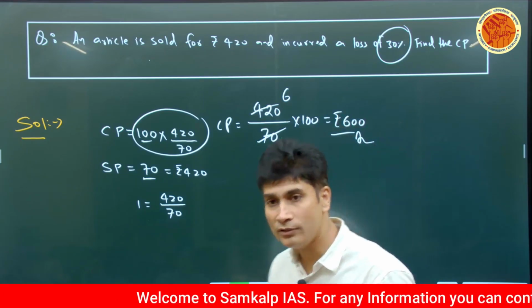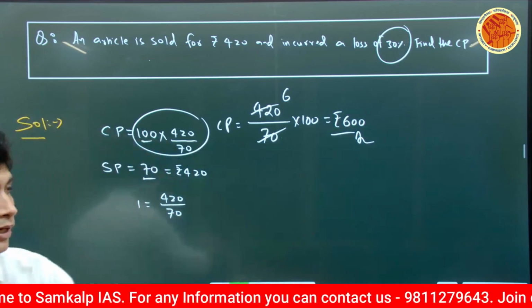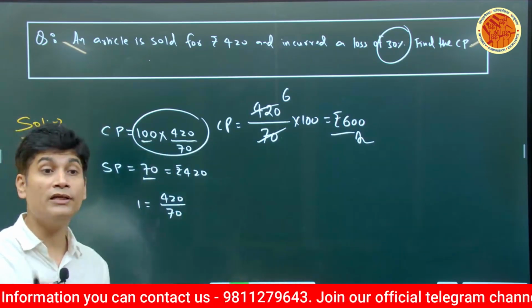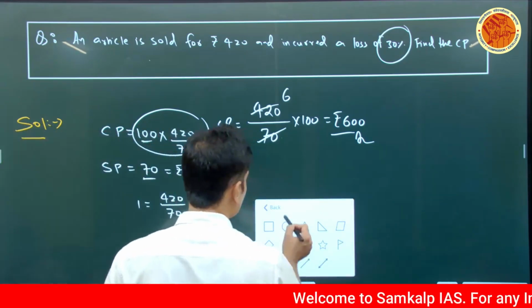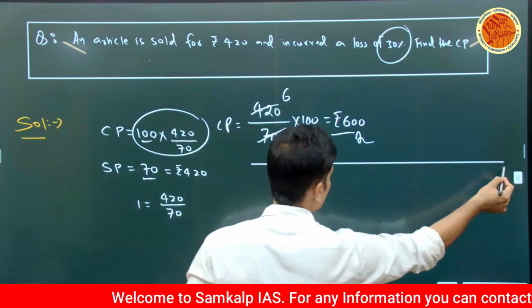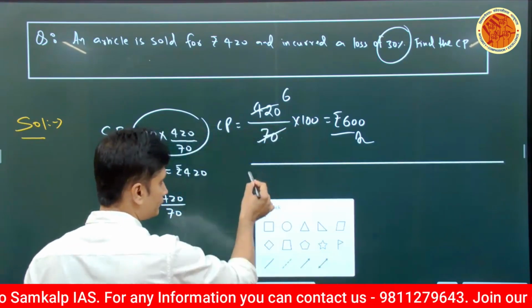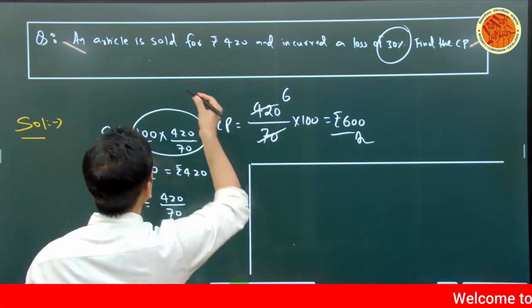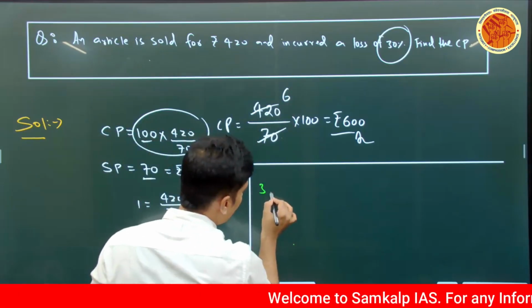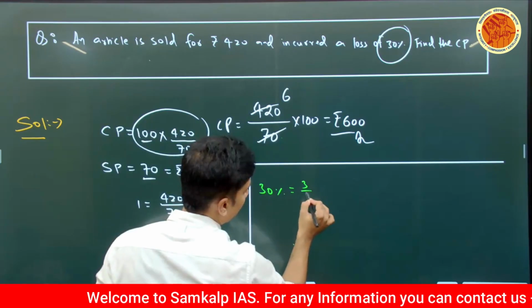600. Everyone understood? Acha, if I want to solve the same question using the fraction approach, both are important. How do I do this? I will write 30% as 3 upon 10.